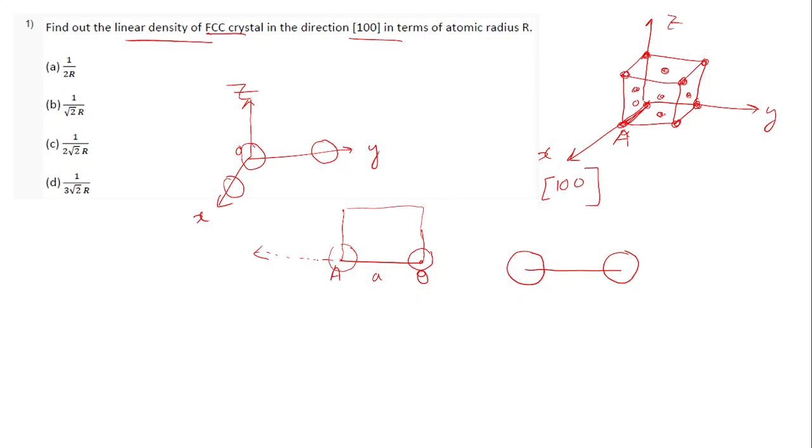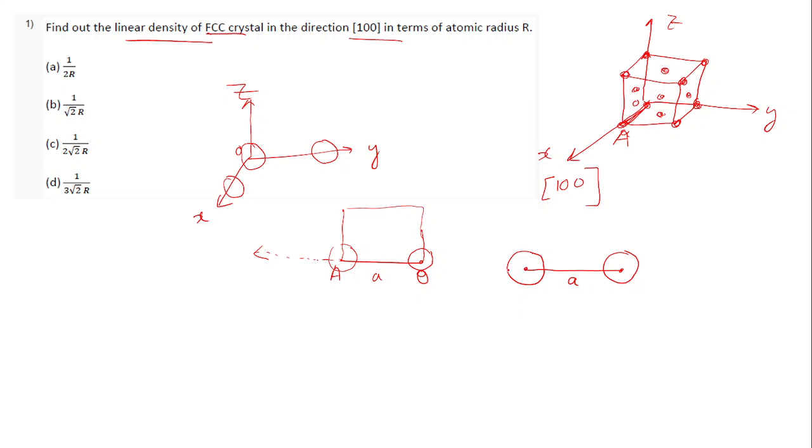So it starts from the center of one atom and ends at the center of another atom. That means how many atoms do we have on this line? The length of this line is a, of course, the side of this FCC cube. But how many atoms are here? There are two atoms here, but their contribution is only half.